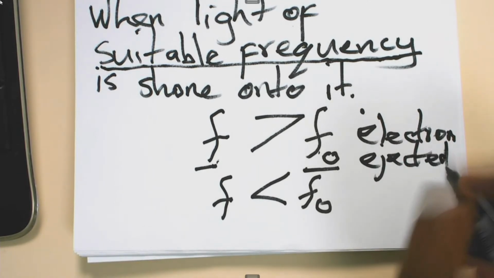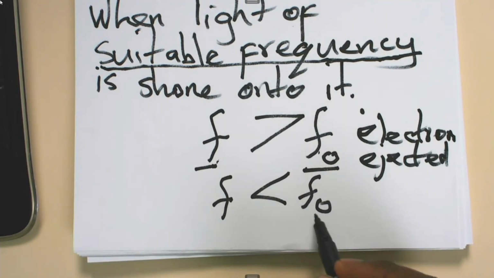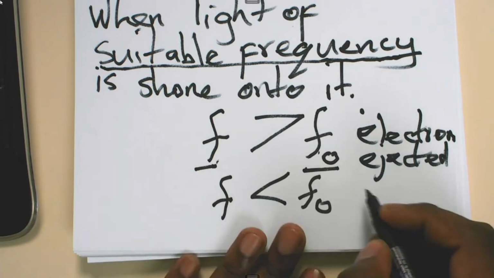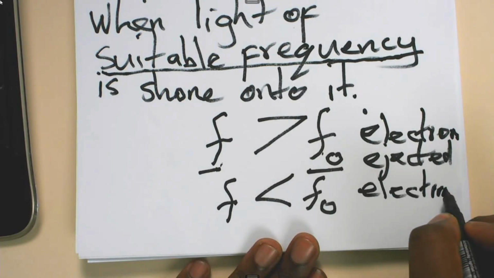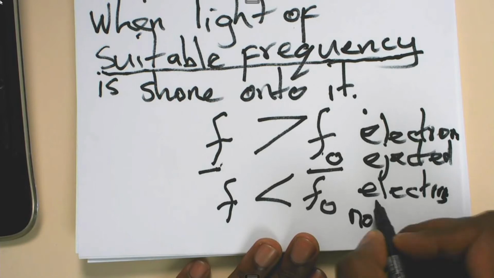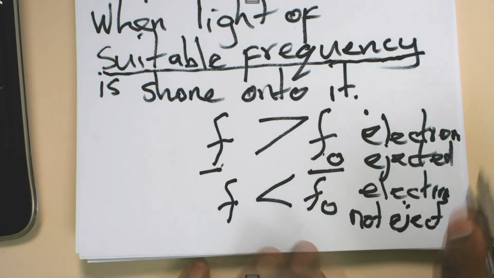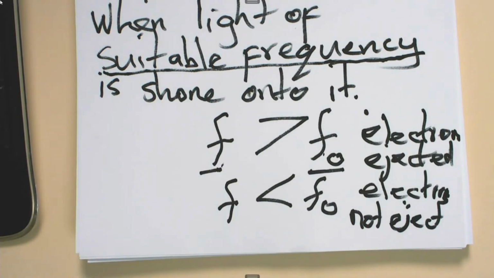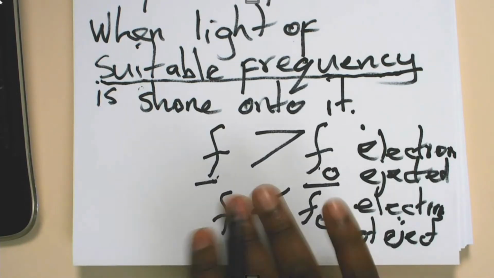But if the frequency of the light shone onto the metal is less than the threshold frequency or the cutoff frequency, then electrons will not be ejected from the surface of the metal. That is what we mean by suitable frequency. So even when you do your definition of the photoelectric effect, please note that part of suitable frequency and know the meaning of that.